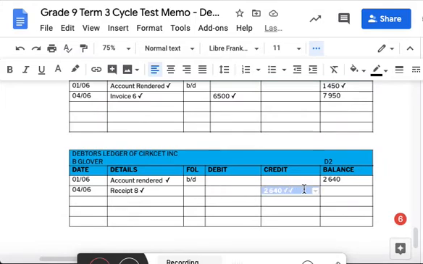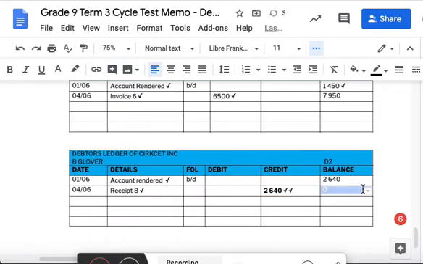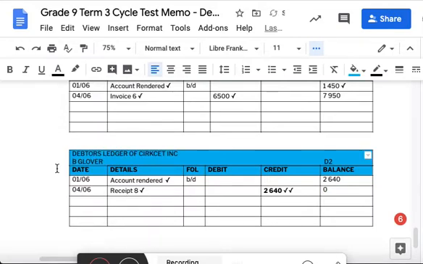Okay, we're crediting his account because we are decreasing his account. And what then is his new balance? Zero. Spot on. Okay. Do we need to do anything else for that transaction? We've done our CRJ, we've done our debtors ledger. Are we all happy with that so far?